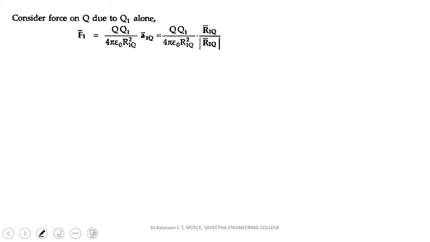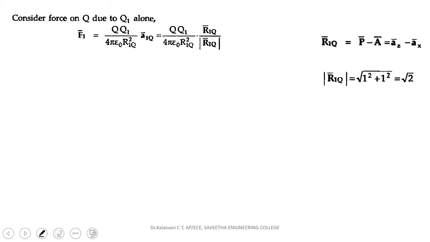To find F1, we use Coulomb's law: Q1 times Q2, where here the charge is Q and the next charge is Q1. So Q into Q1 divided by 4 pi epsilon naught R1Q squared, into the unit vector a1Q. The unit vector formula is R1Q vector divided by the modulus of R1Q. R1Q is P vector minus A vector. P vector is az and A vector is ax, so you get az minus ax.